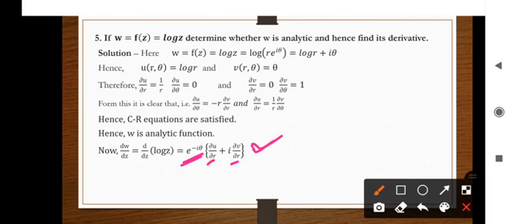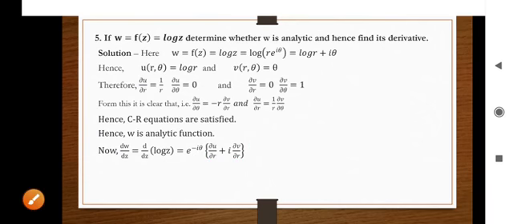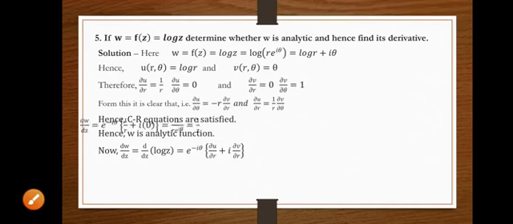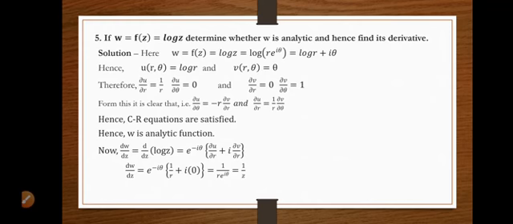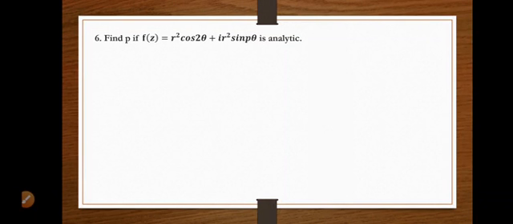Already you have these results. Now substituting these results and simplifying, you will get that the derivative of log z is 1 upon z. So this is the example where we have proved that the function is an analytic function, and also we have obtained its derivative.